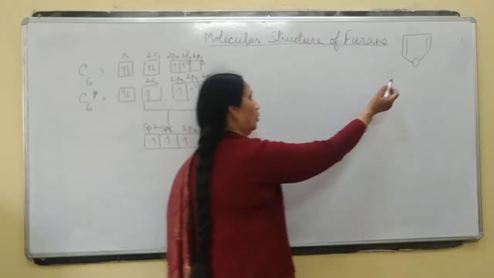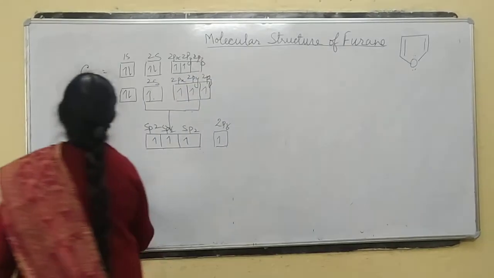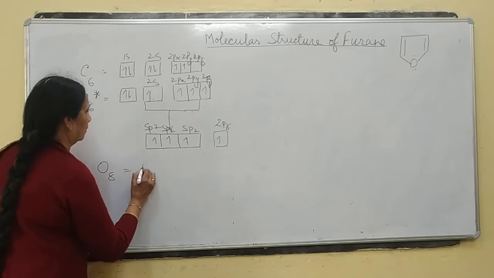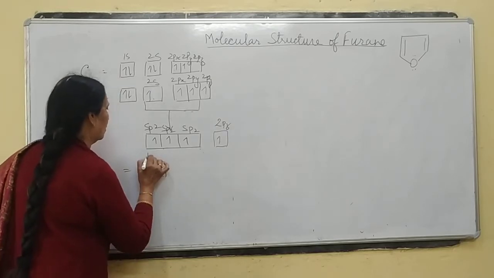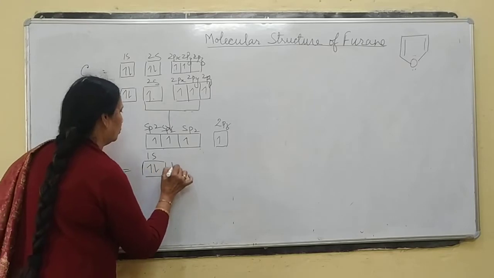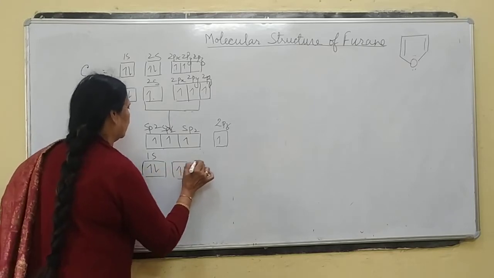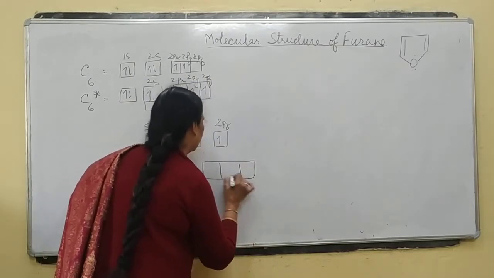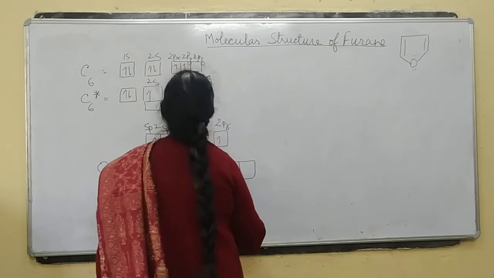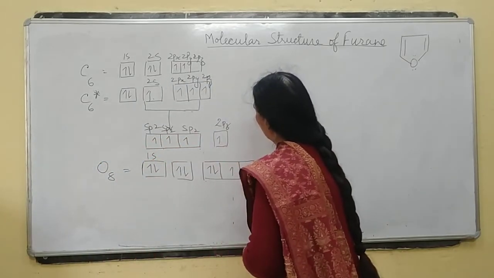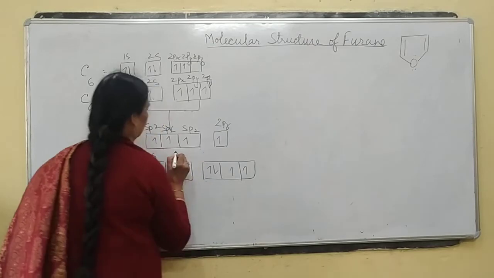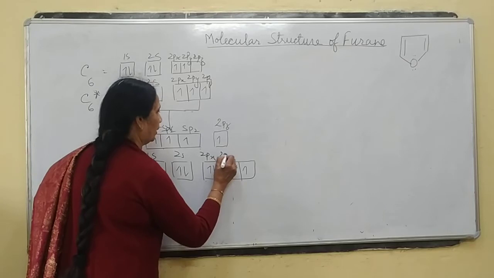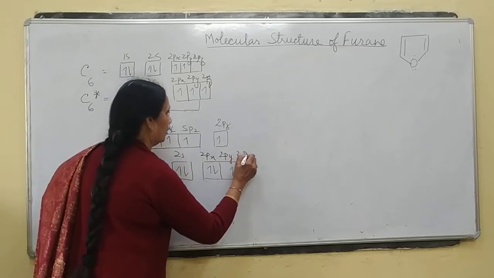Similarly, if we look at the oxygen atom, it is 1s2, 2s2, having 8 electrons like this, 2px having 2 electrons, 2py 1 and 2pz.